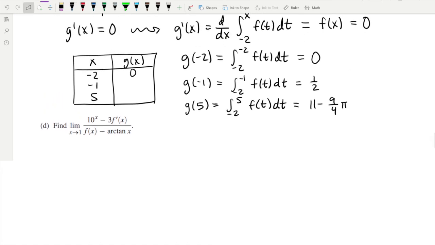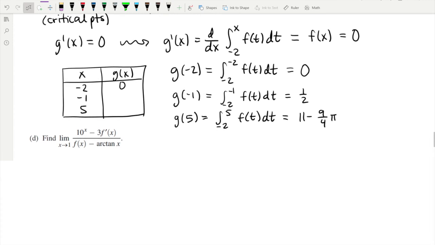And so now at this point you're like, which of these is the largest? And maybe you're not sure which of these is biggest, right? Is this number here bigger than 1/2? That might be hard for you to say. But luckily, we're interpreting these numbers as just the areas under f.